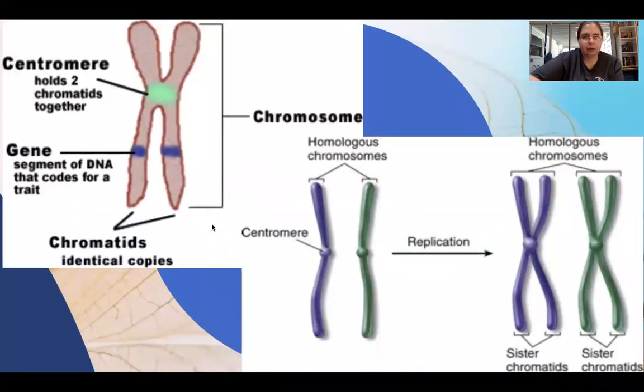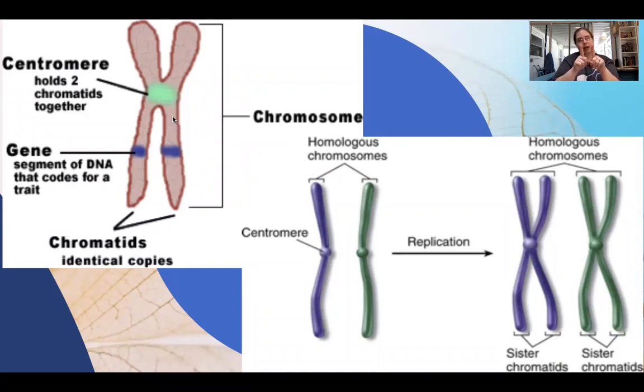This is kind of showing you what we were talking about. Now remember, you have two copies of every chromosome because you get one from mom and one from dad. Since they come in pairs, and as we already said in a previous lesson, they have the exact same genes, but they might have different versions of those genes, like eye color. Eye color is going to be on the same chromosome. You get one gene for eye color from mom, one from dad, but there might be different versions.